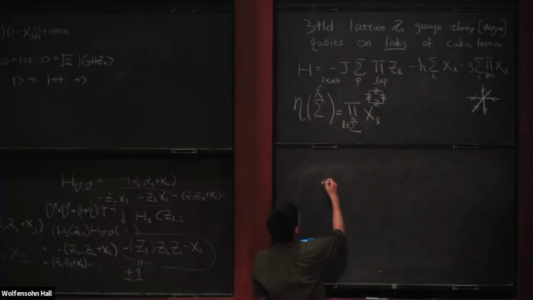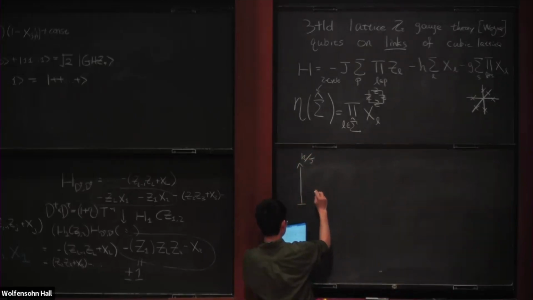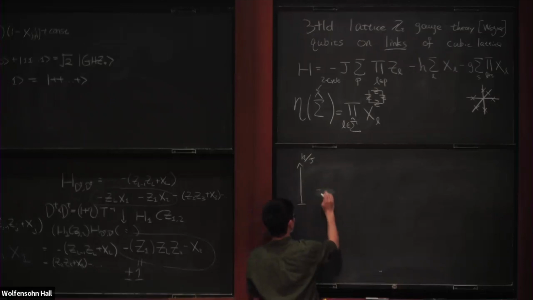So the phase diagram looks like this. When H over J is very small, you are in the toric code phase. Let me call it the topological Z2 gauge theory. It's a deconfined phase, as some of you will call it.